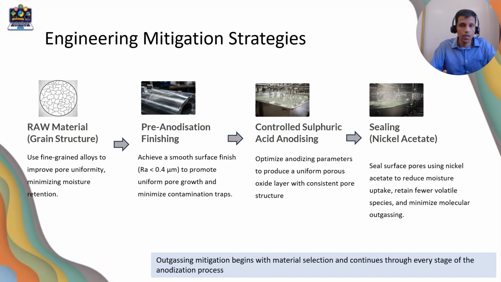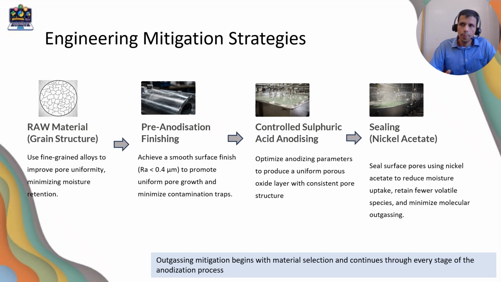Sealing is the main part, where all the pores are sealed. Typically it is used for adding a color pigment, and this sealing process helps close the pores, but achieving 100% sealing is a very difficult process.